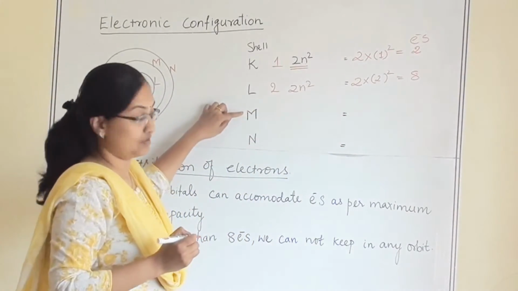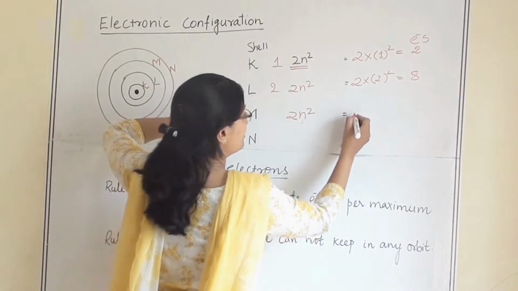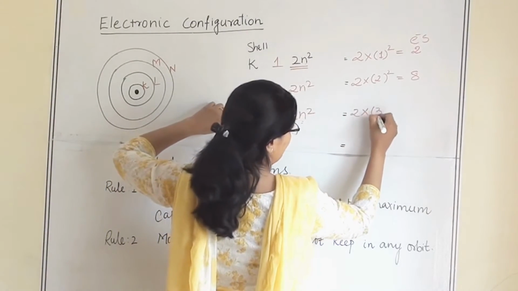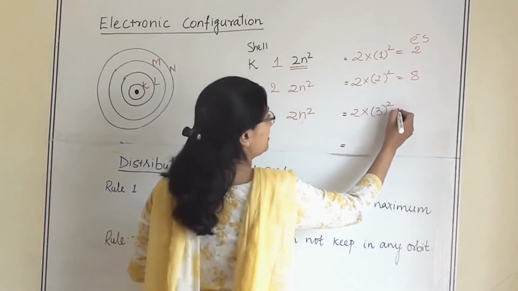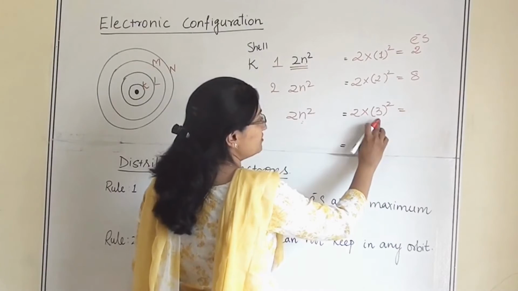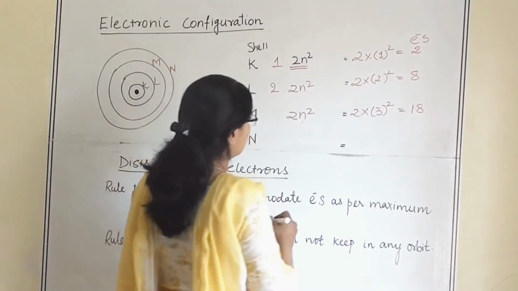M is our third orbit. So 2n squared, and in place of n we keep 3 because that is our third orbit. Which number do we get here? 3 into 3, 9, into 2, 18.